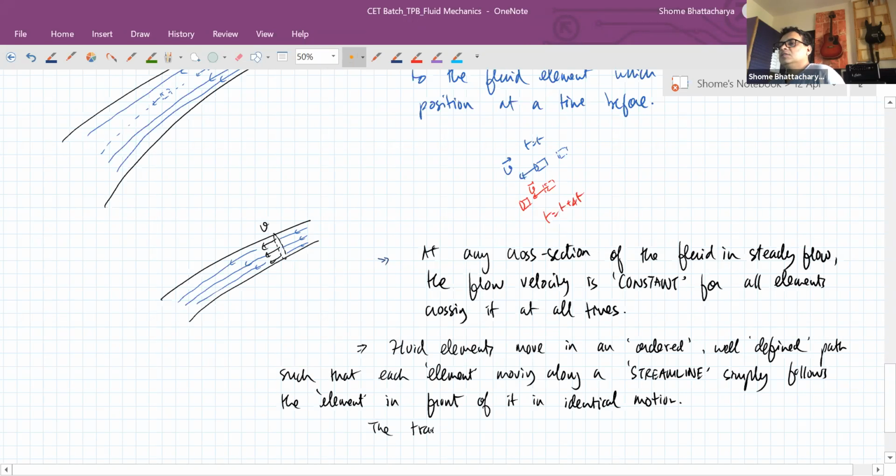The trajectories along which fluid elements flow are called streamlines, and hence the term streamline motion.